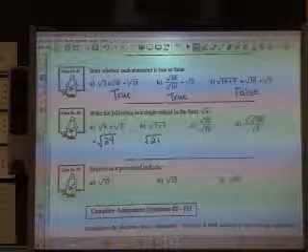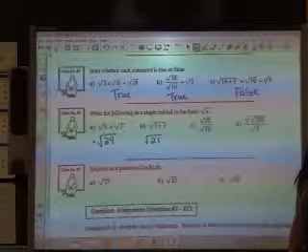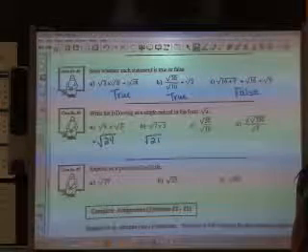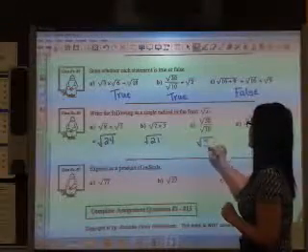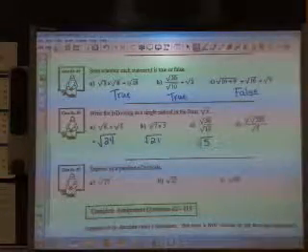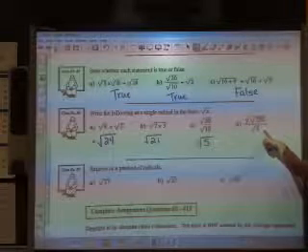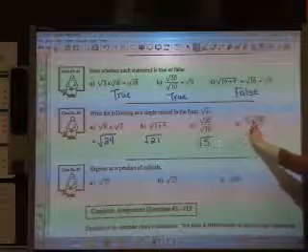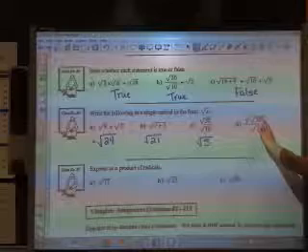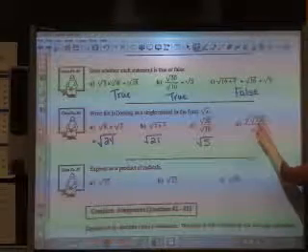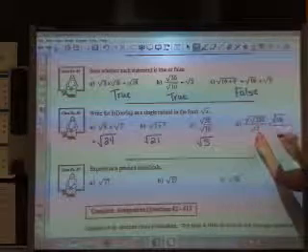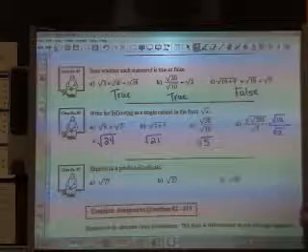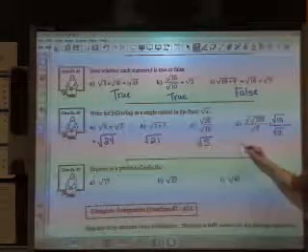Square root of 50 divided by the square root of 10 would be square root of 5. 50 divided by 10. This one you've got to be careful of because I've got the square root of the square root of 100. So do this first. What do I get? 10. So square root of 10. I get the square root of 10 over the square root of 2, which would be square root of 5.